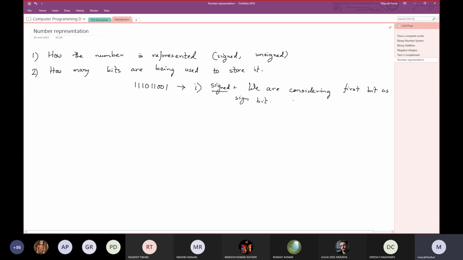If it is 1, it is negative and in 2's complement. So if you take the same bit pattern and represent it as signed, this will give you minus 39. Whereas another representation is unsigned.